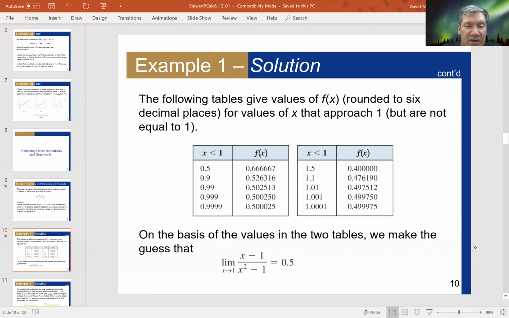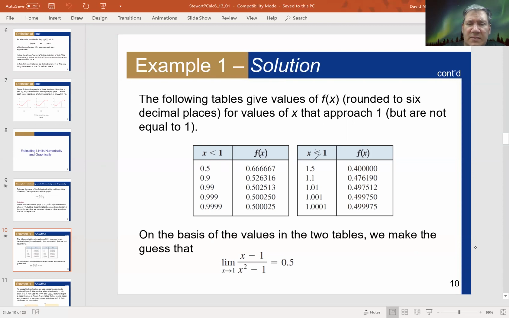We put in 0.999, 0.500250, 0.9999, 0.50025. Well, that's interesting. It went from 0.6 repeating, 526, 502, 5002, 50002. Is there a limit? Okay, we go on the other side and pick things.